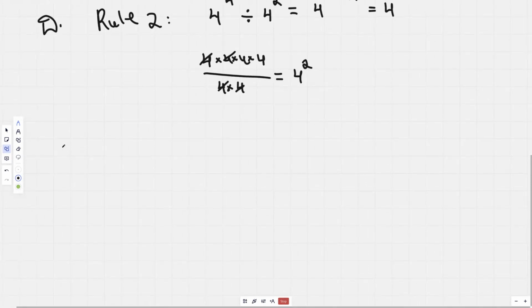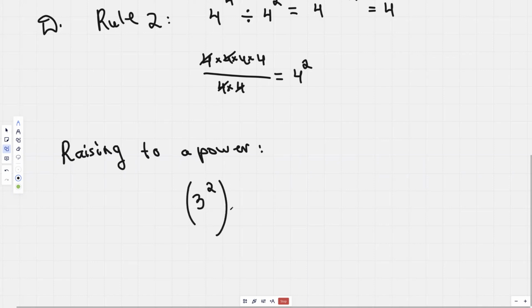And now raising to a power. For example, let's say 3^2 to the power of 4, so 3 squared to the power of 4.